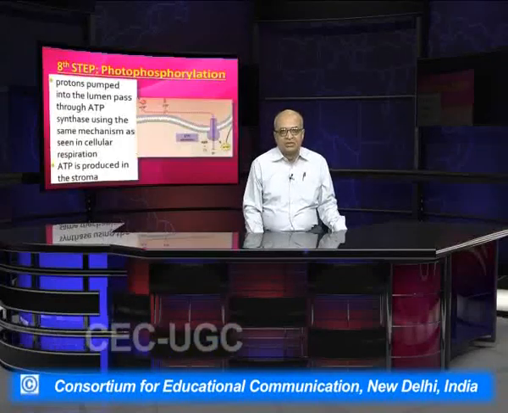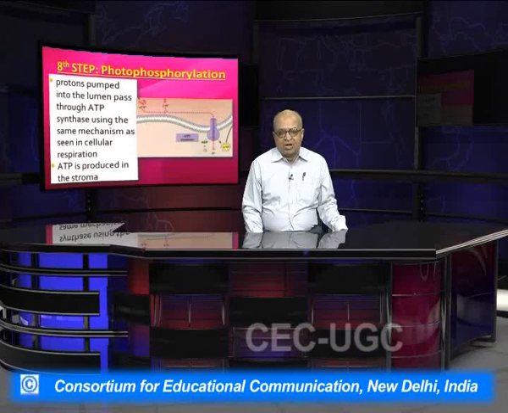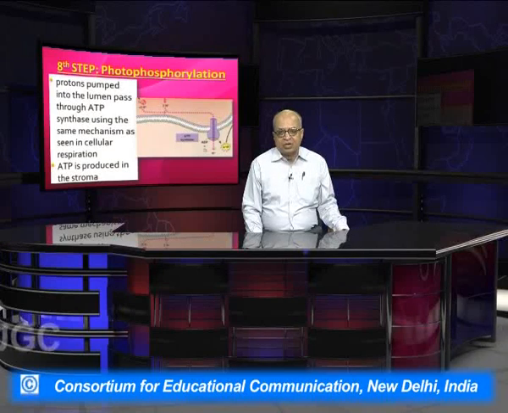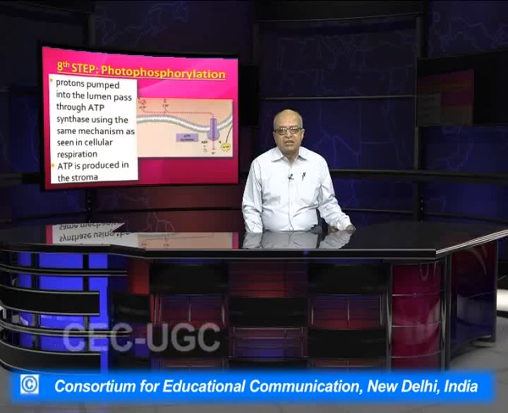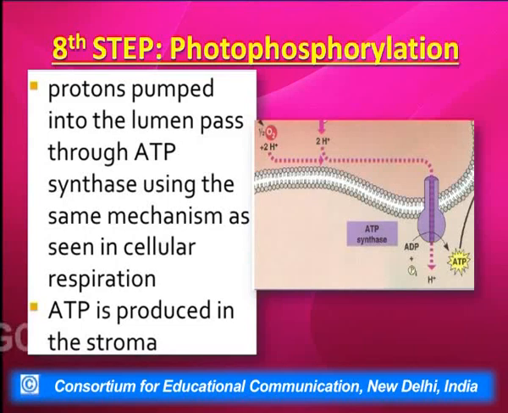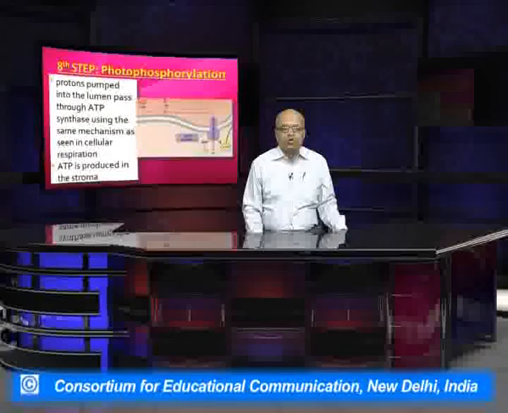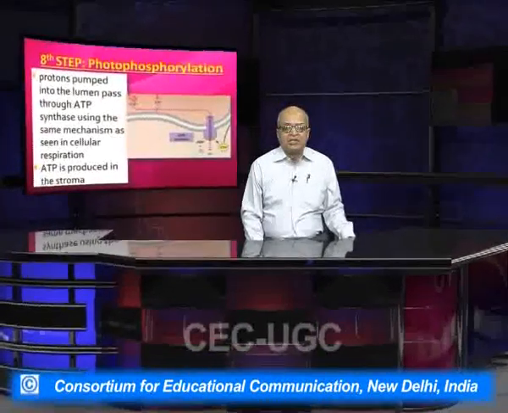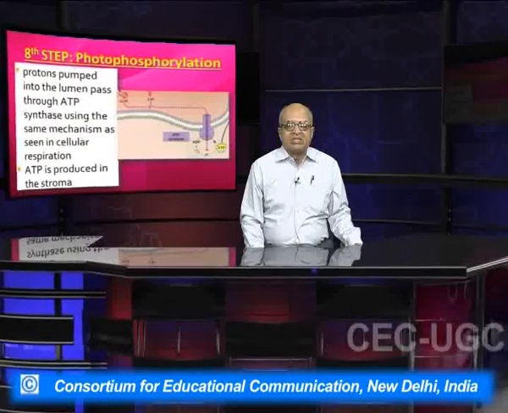And finally, the protons are pumped into the lumen. Why? Because by this time there is enough concentration gradient which has been created, the concentration of protons is many times higher in the lumen as compared to the stroma, and they pass through specialized proton channels of the ATPase complex or the ATP synthase complex.